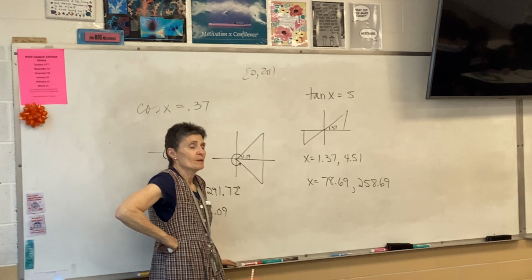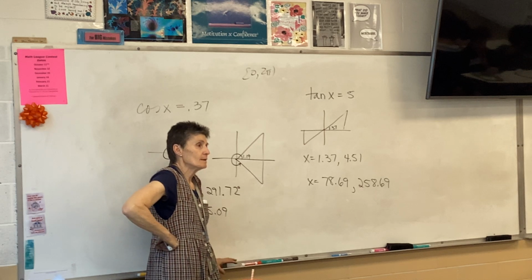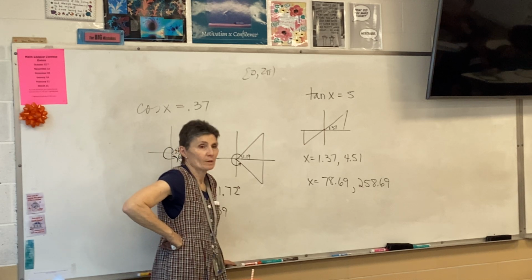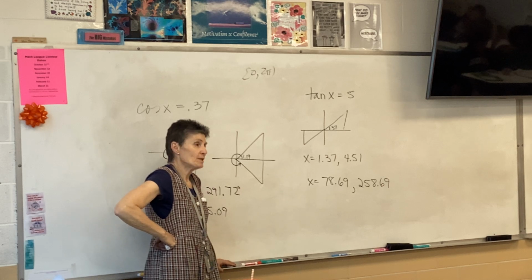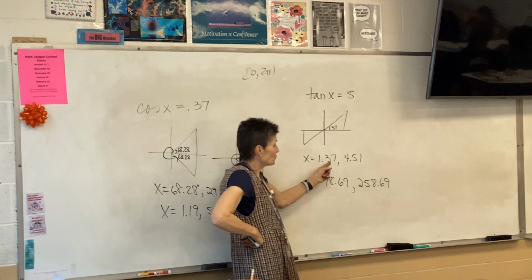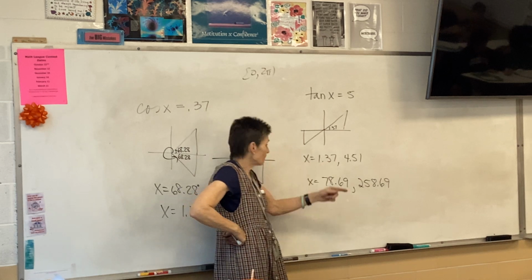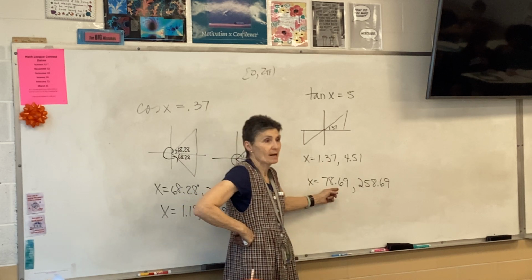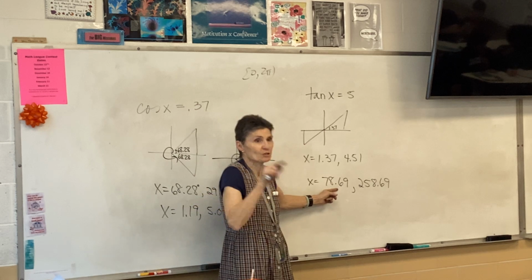Okay. So does everybody get why it's quadrant 1 and 3? So when you do second tangent 5, if you're in radians, you get 1.37. If you're in degrees, you get 78.69. When you just type in the button, second tangent 5.